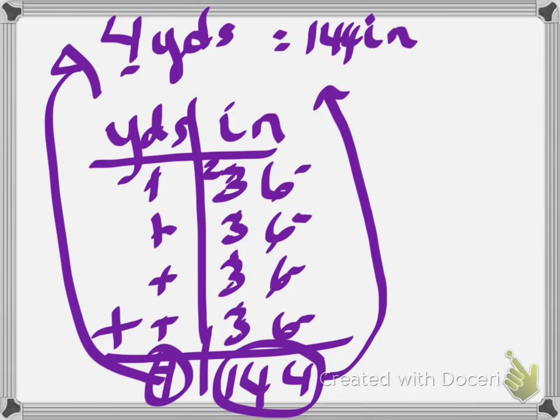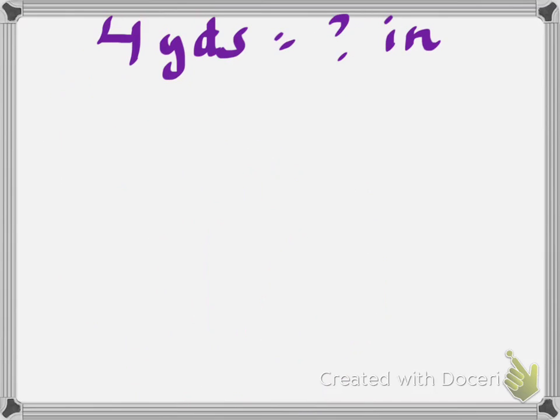Another way to do this, if you forget that 1 yard equals 36 inches: we have 4 yards equal however many inches. What you can do is do what you know first.